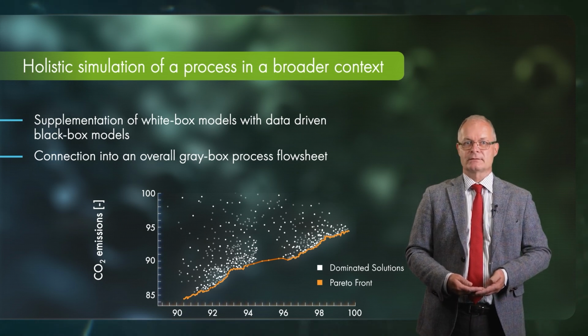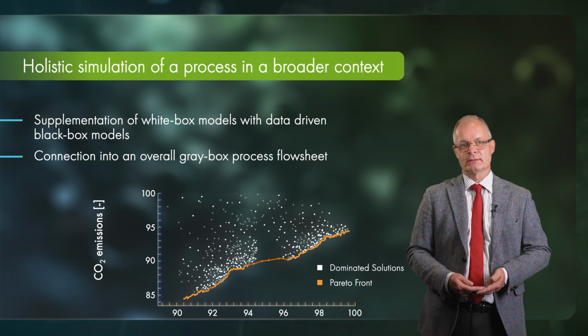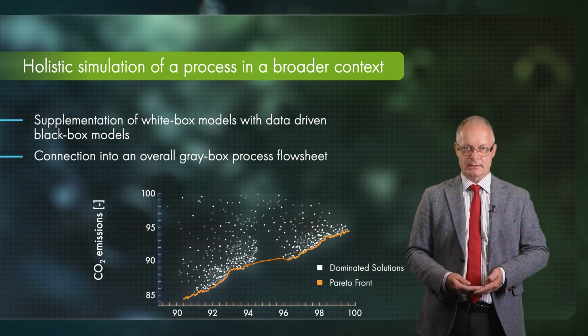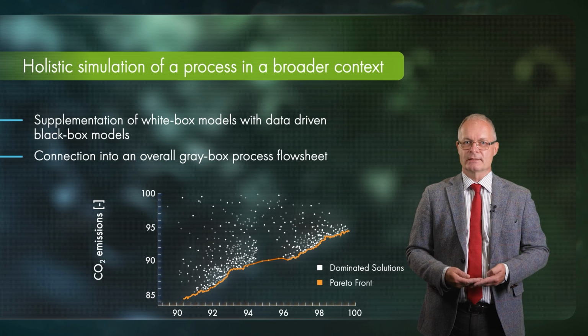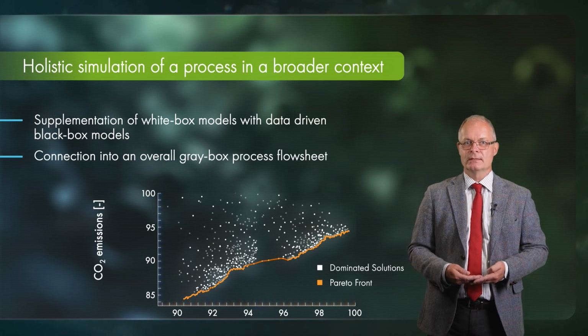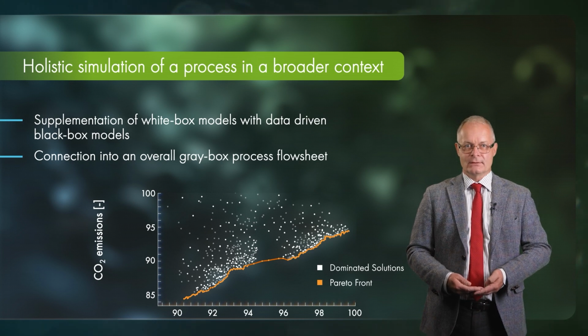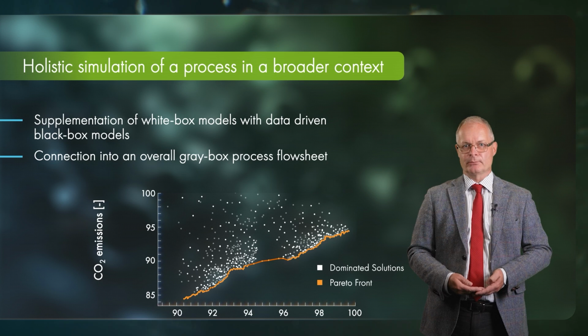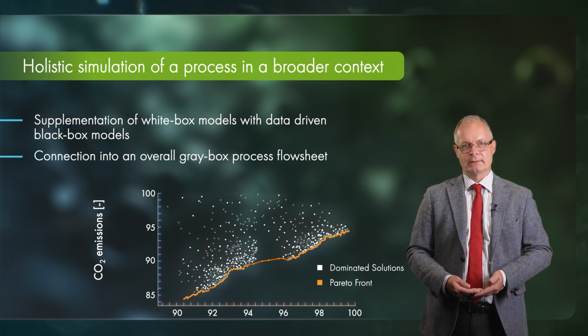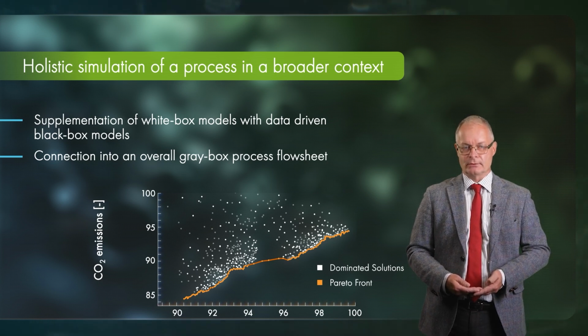In the next step, such a combined flowsheet can be used in the course of a multi-objective optimization as a stress test for the individual process in the field of competing interests. This is illustrated by an example diagram that shows the results of a multi-objective optimization, targeting at maximizing the margin on the abscissa while minimizing the CO2 emissions on the ordinate of the diagram.